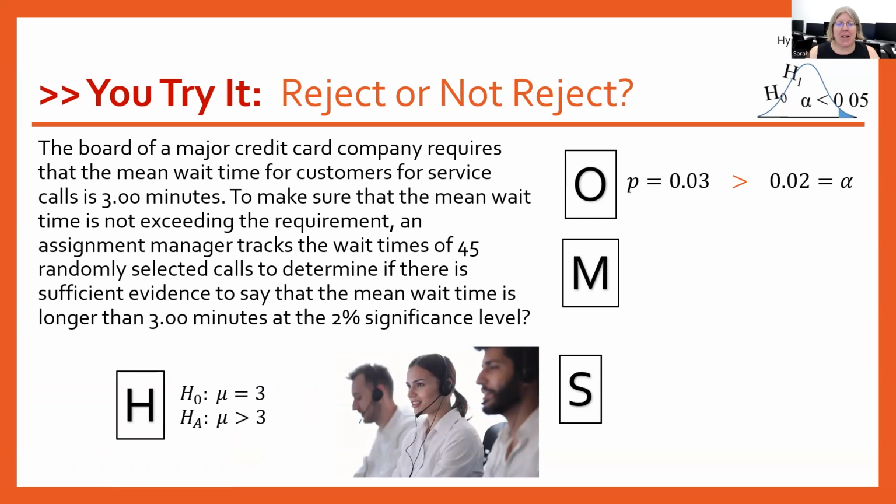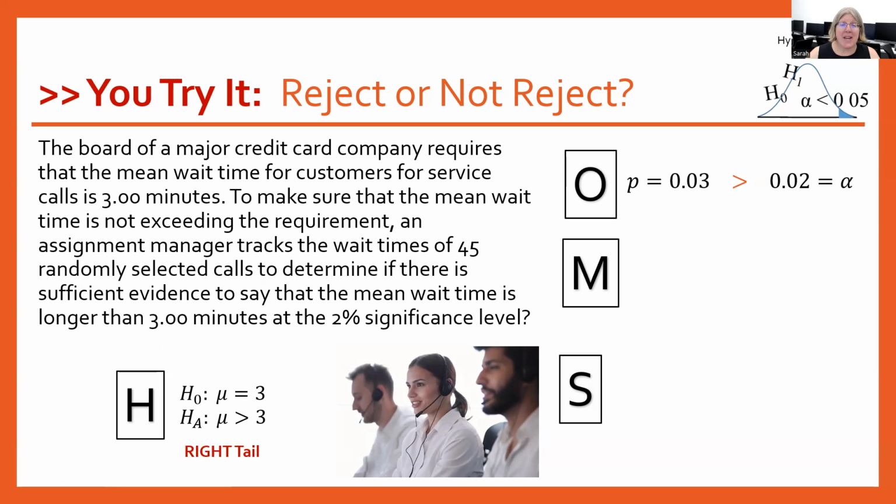The board of a major credit card company requires that the mean wait time for customers for service calls is 3 minutes. To make sure that the mean wait time is not exceeding the requirement, an assignment manager tracks the wait times of 45 randomly selected calls to determine if there is sufficient evidence to say that the mean wait time is longer than 3 minutes at the 2% significance level. So our null was that mu is equal to 3, and our alternative was mu is greater than 3.